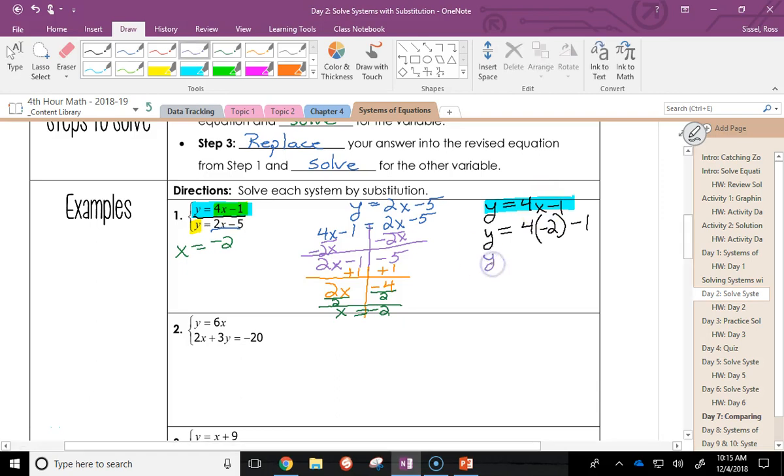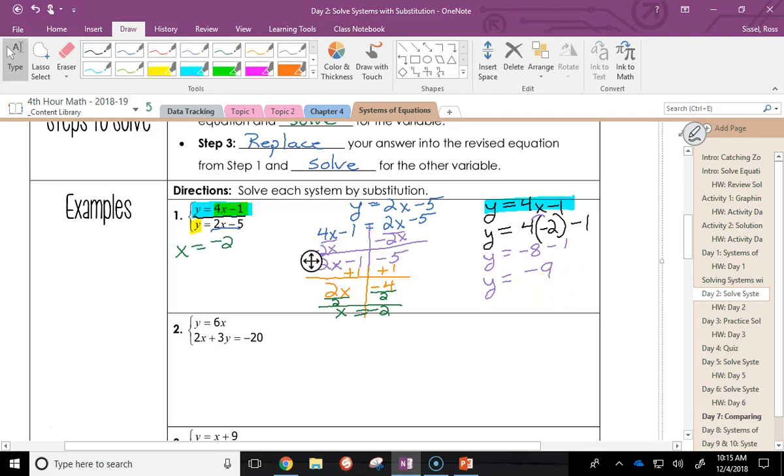And usually when you solve the second one, it's a lot easier. Y equals, well, 4 times negative 2 is negative 8. And we still have a minus 1. Y equals negative 8 minus 1. Please get this right. Think. Negative 9. Good. We have so much trouble with our integers.